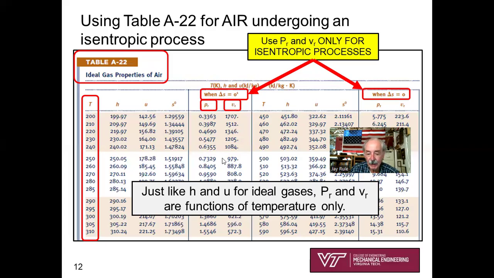PR as well as VR are simply unitless numbers, a function of that formula you saw in the textbook, but a function of temperature only. So these two columns that are walled off with those lines are only to be used for isentropic processes.